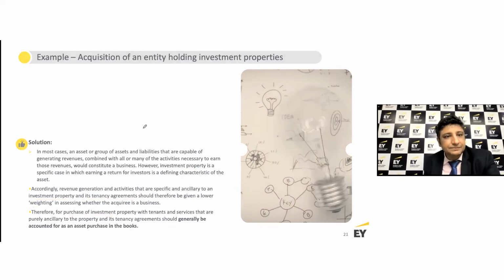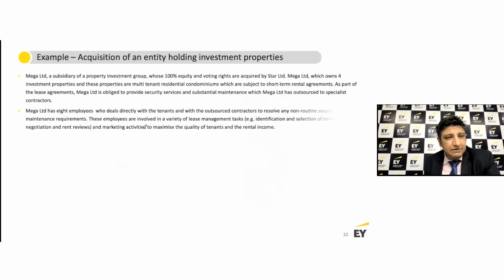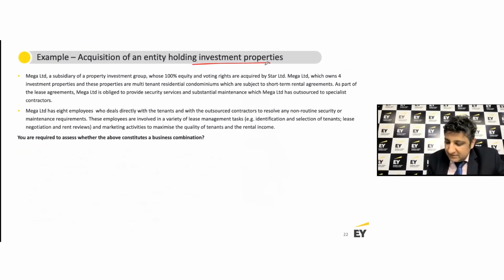All right. Okay. Let's have a look at another example that should provide us a clearer picture with respect to whether, in case of investment properties, we can still say that there is an acquisition of a business. It says that Mega Limited, a subsidiary of a property investment group, whose 100% equity and voting rights are acquired by Star Limited.